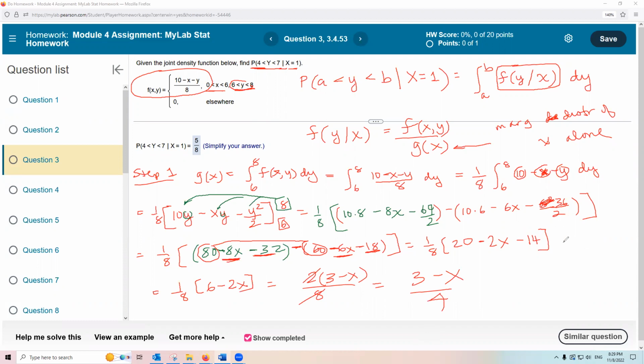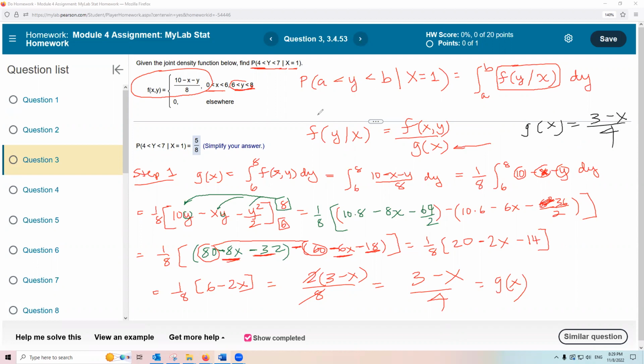After all this work, we just figured out that the g of x function is (3 minus x) over 4. Let me write that up here so we have it. We just worked out that the g of x function is (3 minus x) over 4.